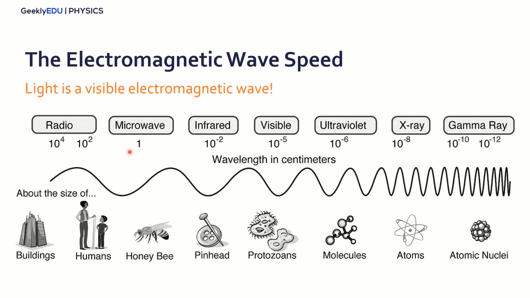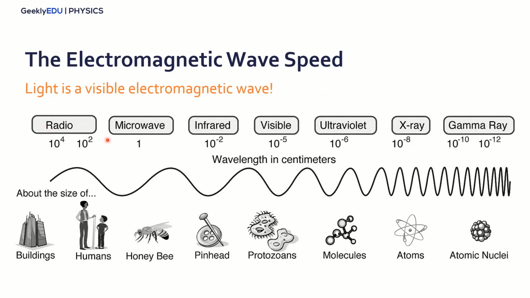We have microwaves, around 1 meter, and radio waves, 10 to the 2nd to 10 to the 4th meters. If we go beyond the violet, we have ultraviolet. And from here, we have more energetic electromagnetic waves: X-rays and gamma rays, which we need to be very careful about. This is the entire spectrum of electromagnetic waves.